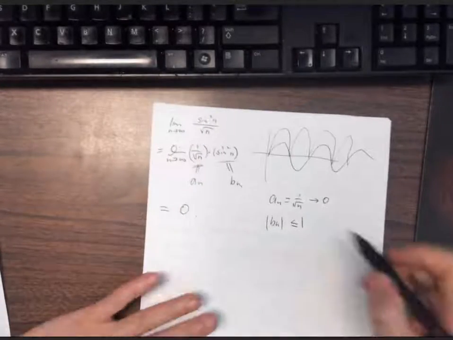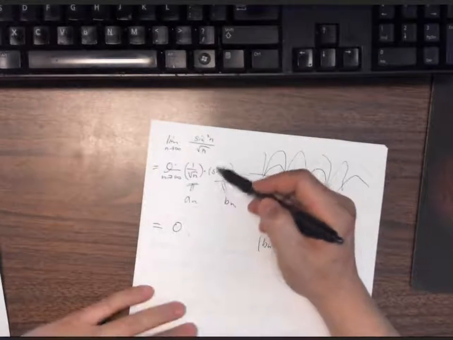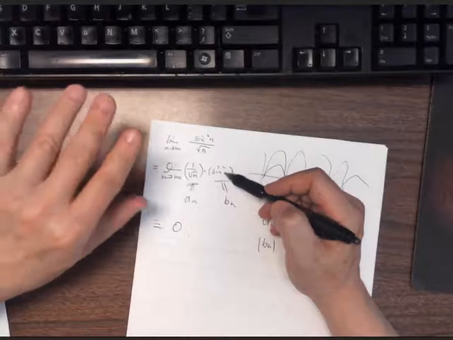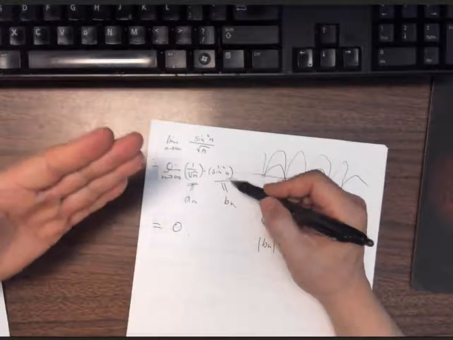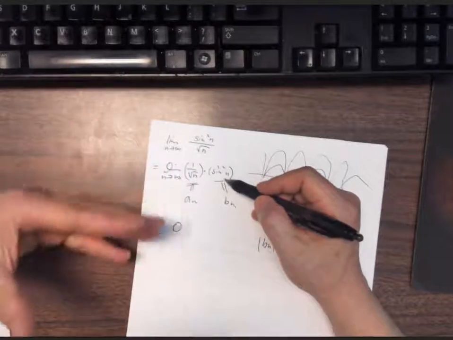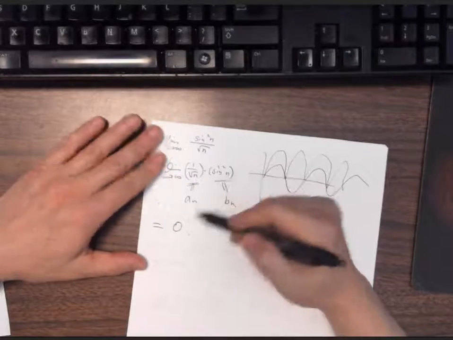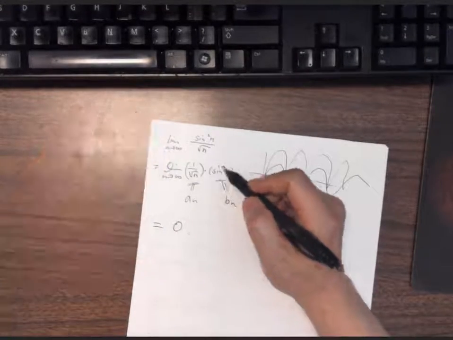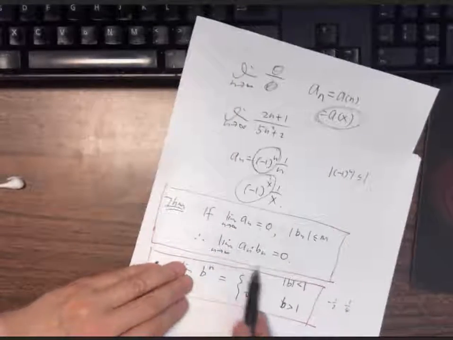Roughly speaking, we're saying this guy gets smaller, approaching 0, where this guy is always kind of a finite number, more or less, like a 1. At the largest, at the smallest is 0. So it's a finite number. 0 times a finite number is 0. That's really what this theory says.